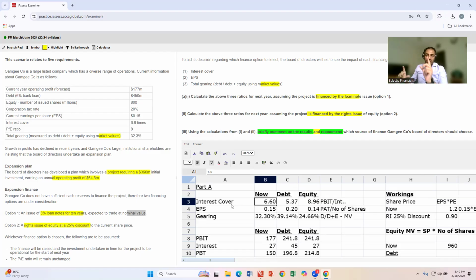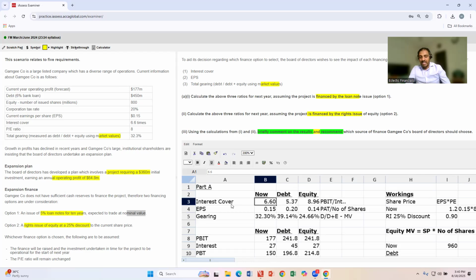If you move towards debt, obviously higher risk. If you move towards equity, the financial risk will not increase. But on the other hand, return is equally important. Return means EPS.